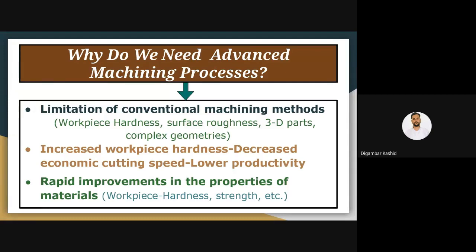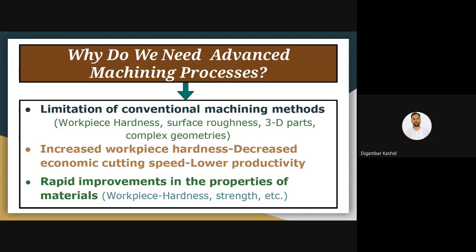Here, machining means you can consider it as an operation. Don't think that machine means the machine system. Machining means operation. It may be turning, milling, or drilling. So the question arises how you can machine them.